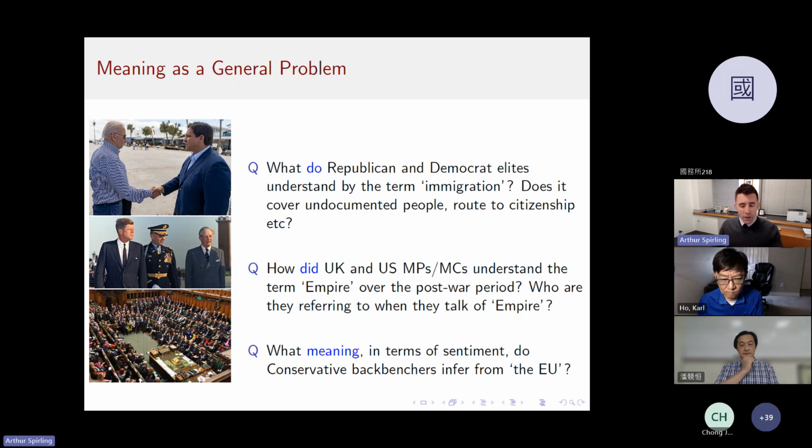What do you feel about some concept, some topic like the European Union? We might be particularly interested in the UK because we know that certainly during my lifetime, many conservative backbenchers, that is to say, rank and file members of parliament on the conservative side in the UK, were pretty opposed to the EU, and we might want to see how that feeling changed over time, especially given the recent Brexit referendum.